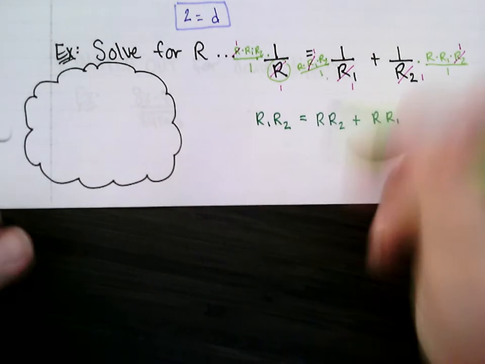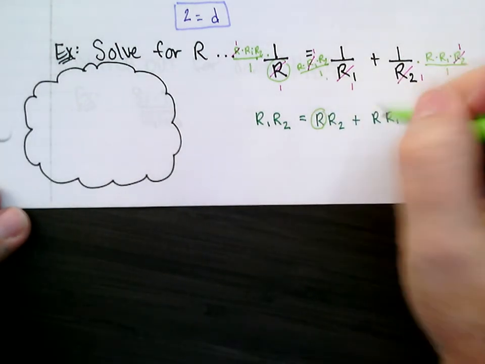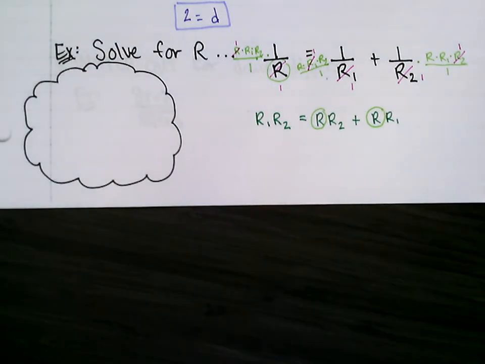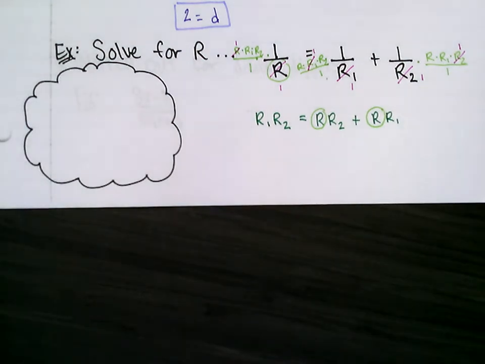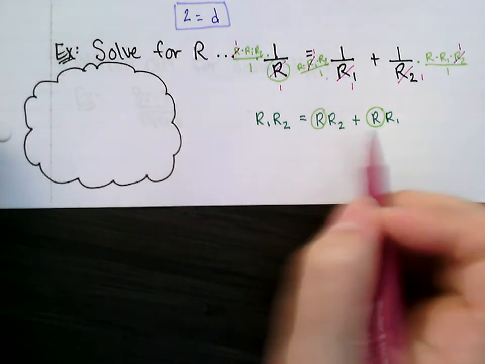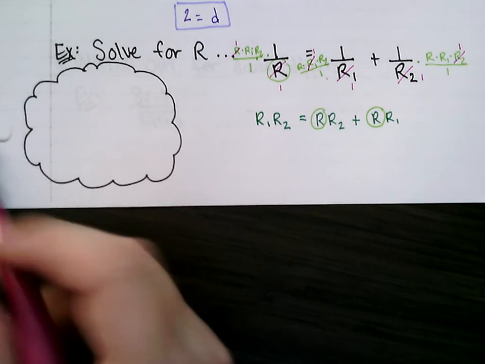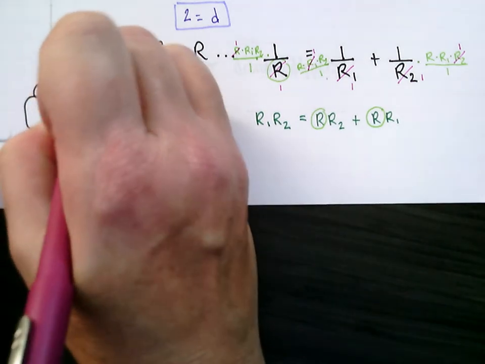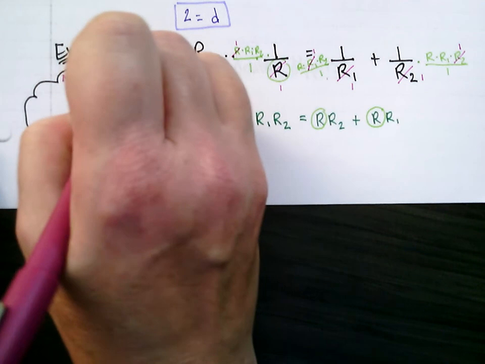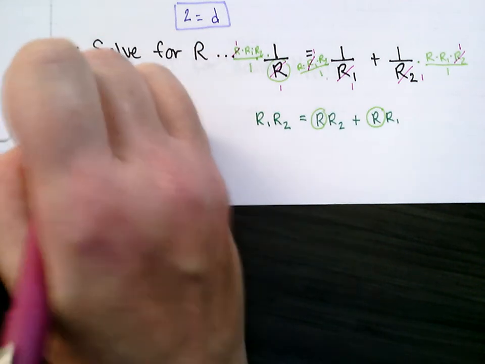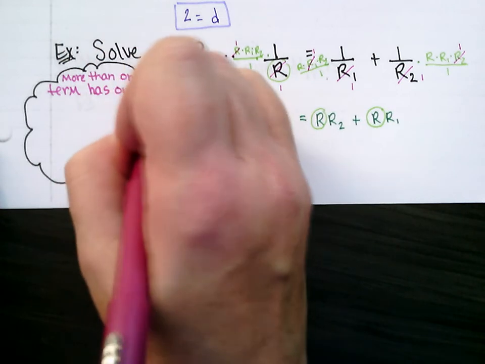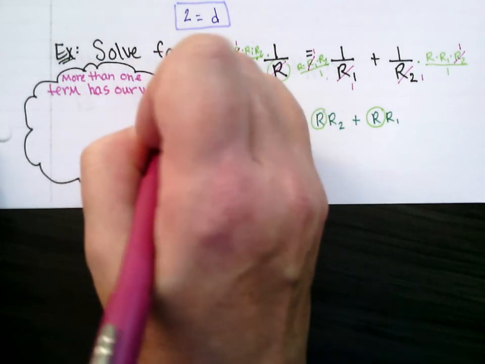Now we are trying to solve for this R here. Now this presents a unique problem that we haven't yet seen today, and that is that we have more than one term that has the variable we're trying to solve for. So we have a specific strategy for that. So this is when more than one term has our variable that we're trying to solve for.